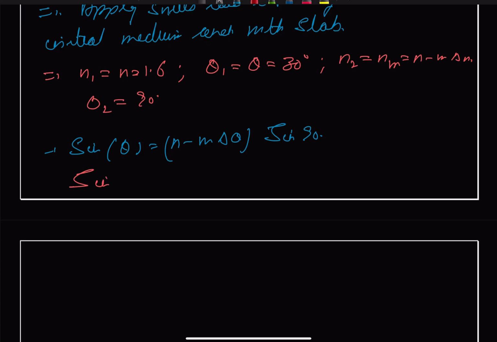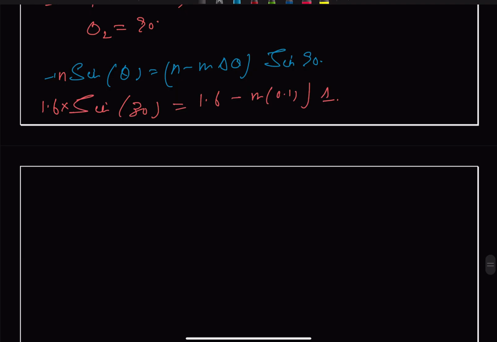We get 1.6 into sine of 30, equal to n which is 1.6 minus m, delta n is 0.1, and sine 90 is 1.